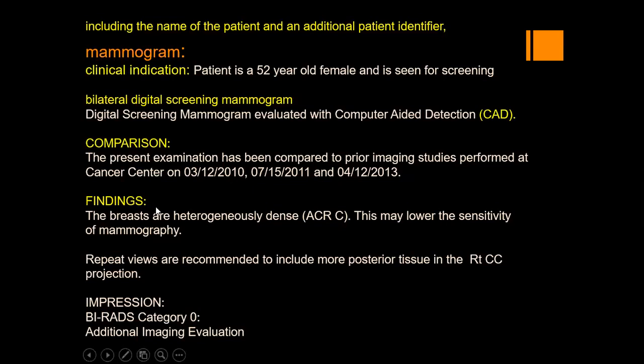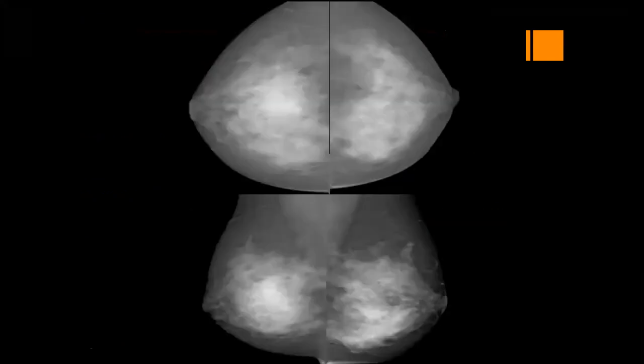Then findings. The breast is heterogeneously dense, ACR C, which may lower the sensitivity of mammography or may obscure small lesions. Then repeat views are recommended to include more posterior tissue in the right CC projection. Impression: it will be category 0, additional imaging evaluation. So that will be the report.